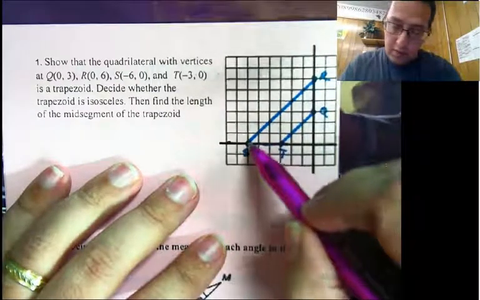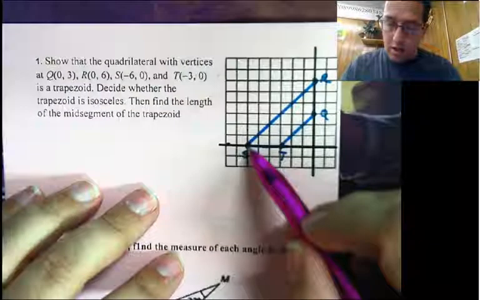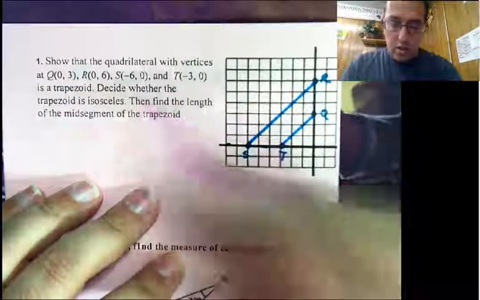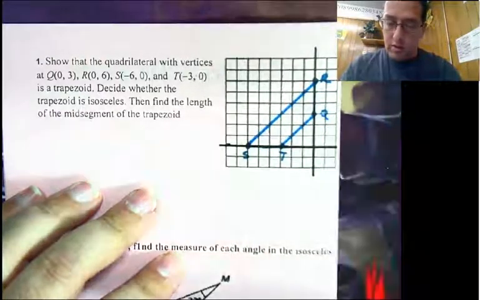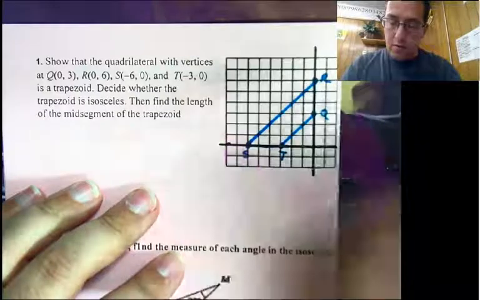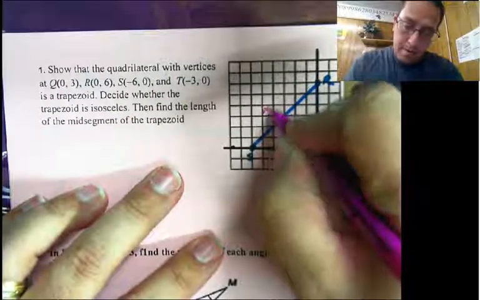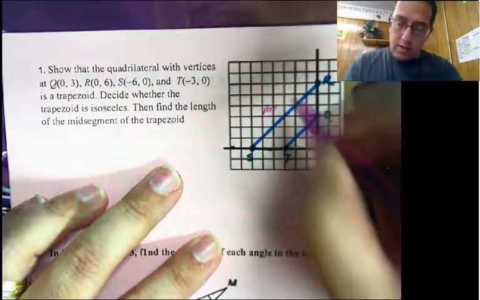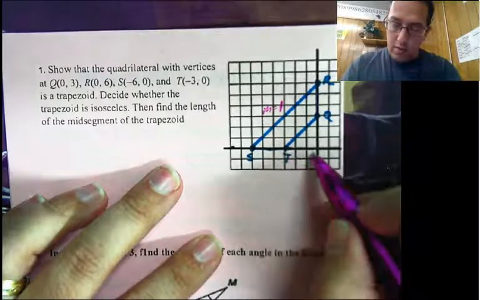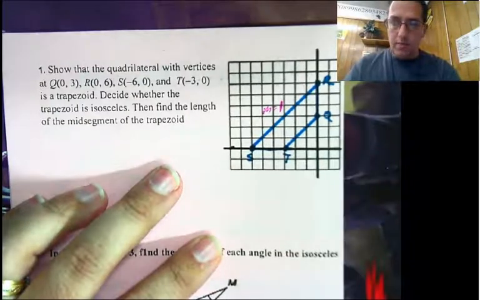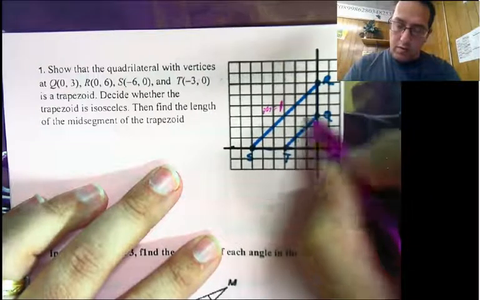This is easy enough. Go from S to R, because we always go from left to right, and we're going from negative 6 to 0, and from 0 to positive 6. So we're going up 6, right 6, so that is going to have a slope of up 6, right 6, that's 1 over 1, so that is just 1. Here, from T to Q, you'll notice we still have up 1 over 1, up 1 over 1.